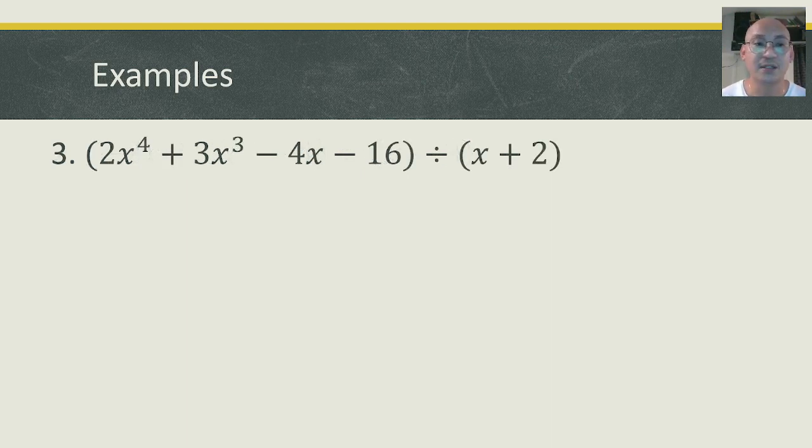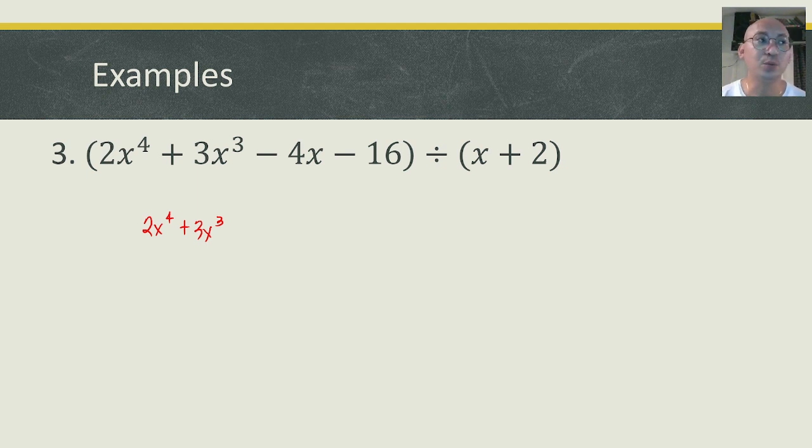Let's try example 3. 2x to the fourth power plus 3x cubed minus 4x minus 16 divided by x plus 2. Okay, rewrite first the dividend. So we have 2x to the fourth plus 3x cubed, but notice that the highest exponent is to the fourth power.